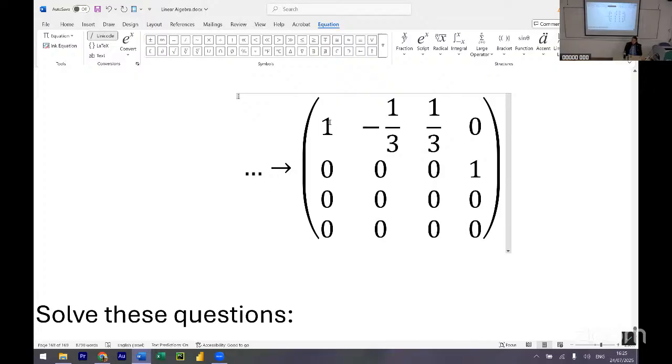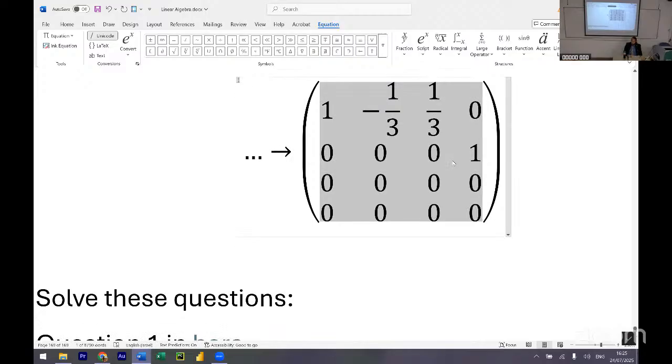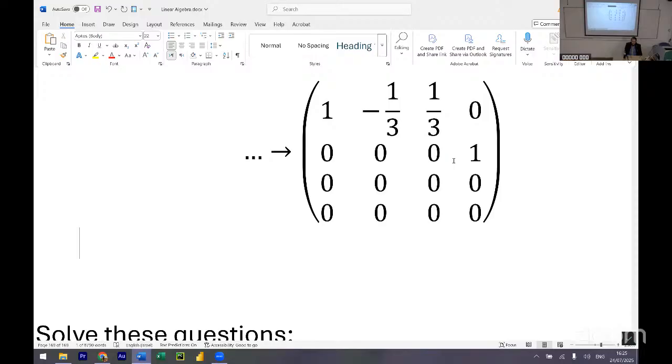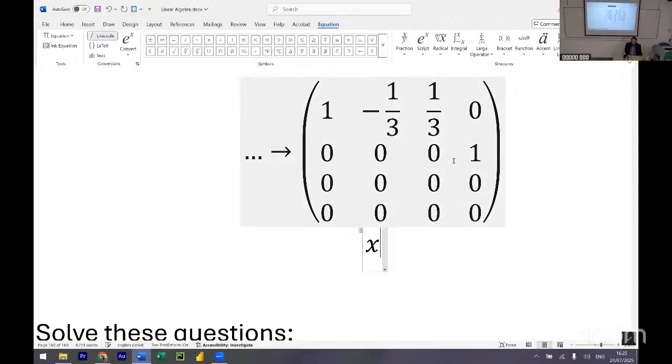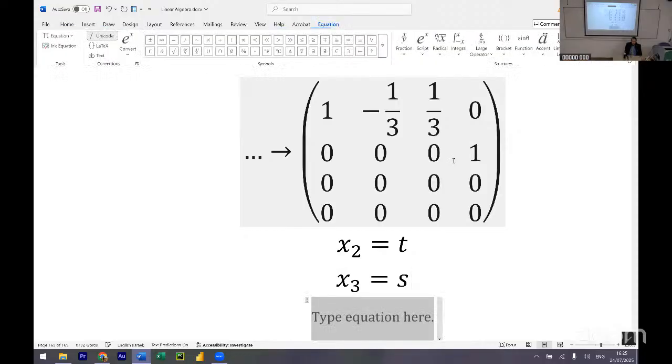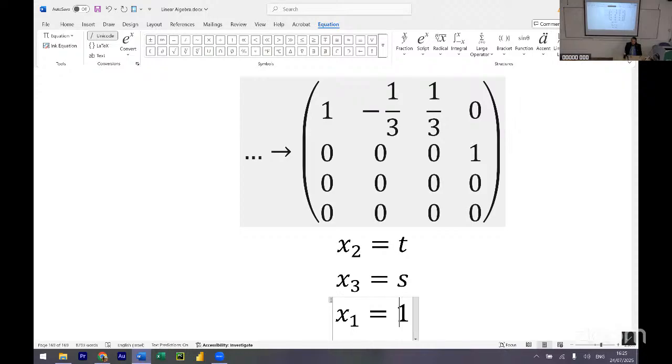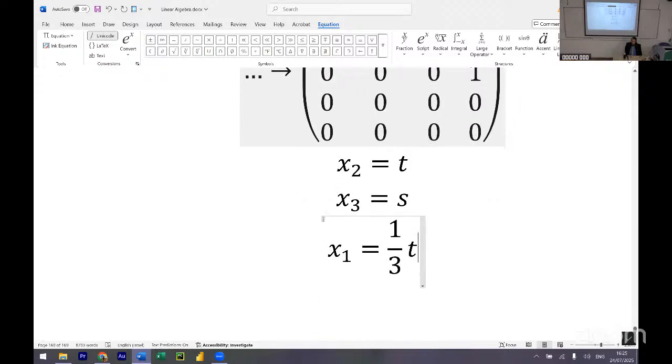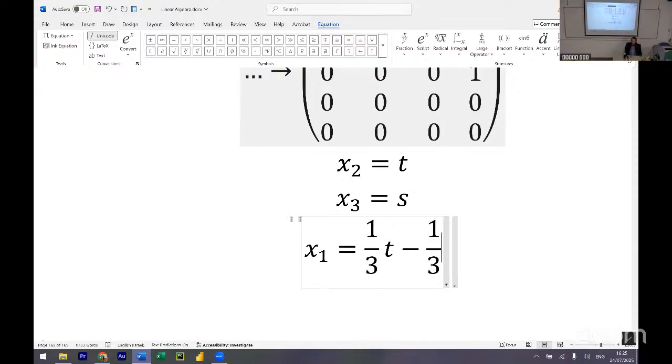But we do need to look at the pivots, because in the columns where there are no pivots, these are the free variables. So the second variable, call it x2, is t. The third variable, call it x3, is s. So what is x1? x1 is t over 3 minus s over 3.